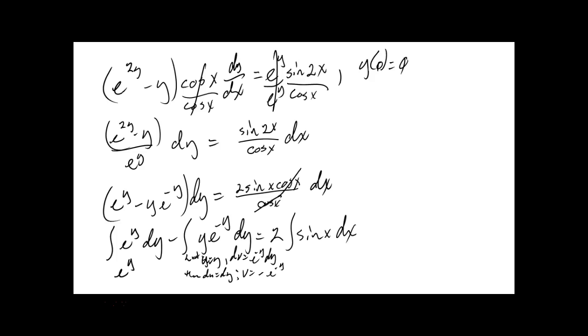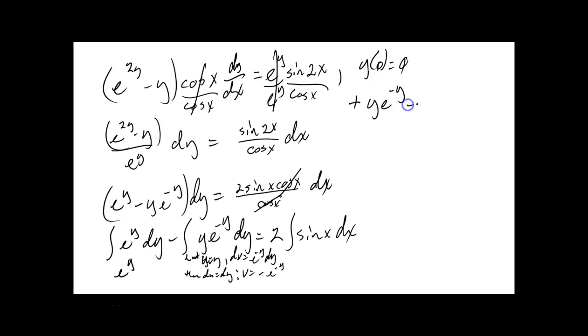So, let's take just this integral here and bring it up here. And this will be a minus, because this minus is still there. uv, which will be y, and it has a minus, so that makes it a plus, e to the minus y. Now we have a minus times a minus times a minus.